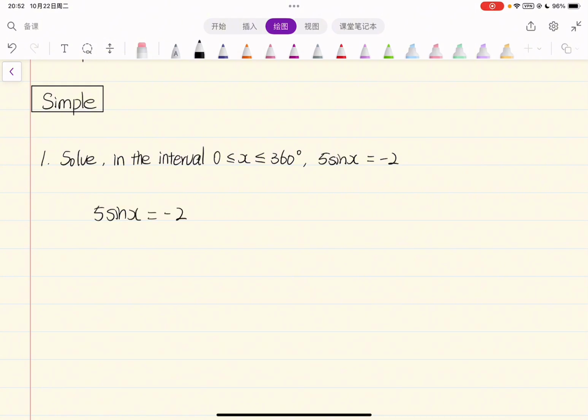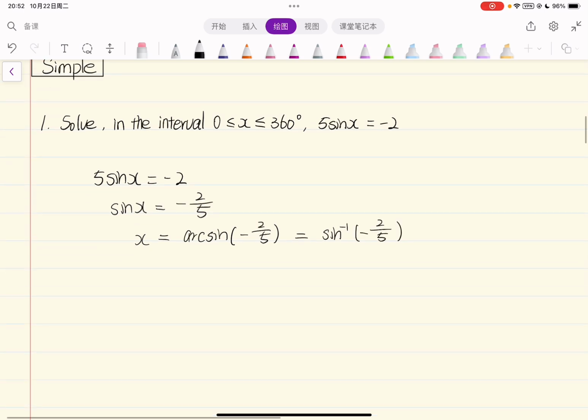We have sine x equals minus 2 over 5. This x equals arc sine of minus 2 over 5. We can also write it as sine minus 1 of minus 2 over 5. When you tap it in the calculator, you will get minus 23.6 degrees to 3 significant figures.